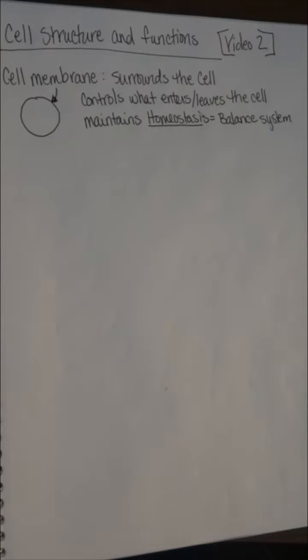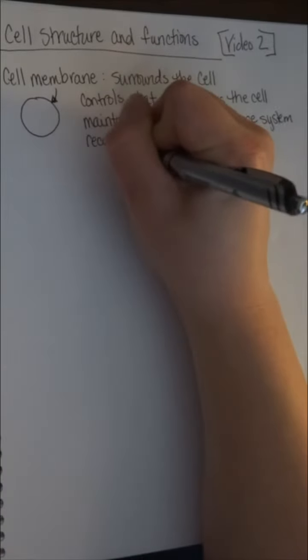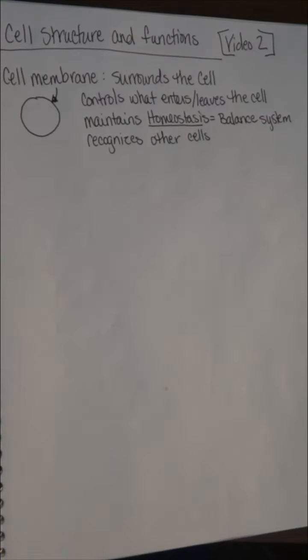Another main important function of the cell membrane is that it recognizes other cells. And that's important because that goes back to controlling what enters and leaves the cell. So if there's another cell that's coming around and it has something to give us, then it recognizes that we need that from that cell, and our cell will allow that substance to enter.